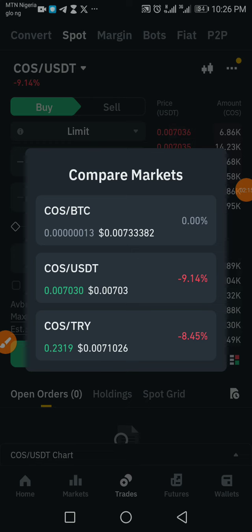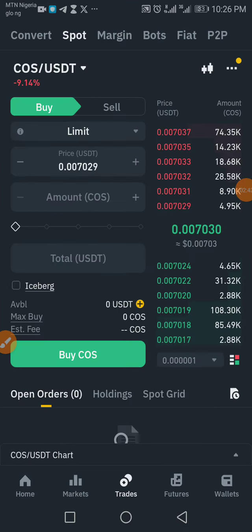Can you see the difference? Because it's cheaper to buy with USDT and a little bit more expensive to buy or to sell with BTC. So basically what we are going to do now is buy COS token with USDT and then sell it to BTC and then convert our BTC back to USDT. Then we are going to claim our profit.